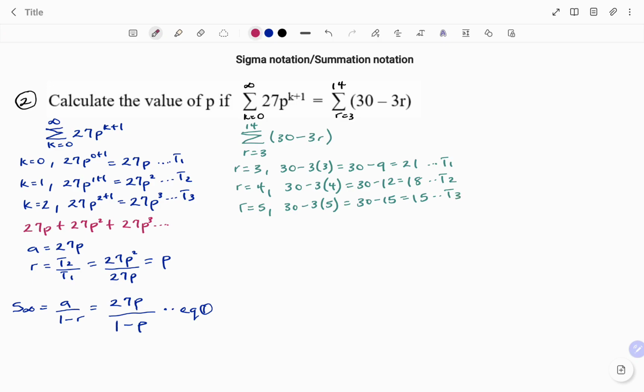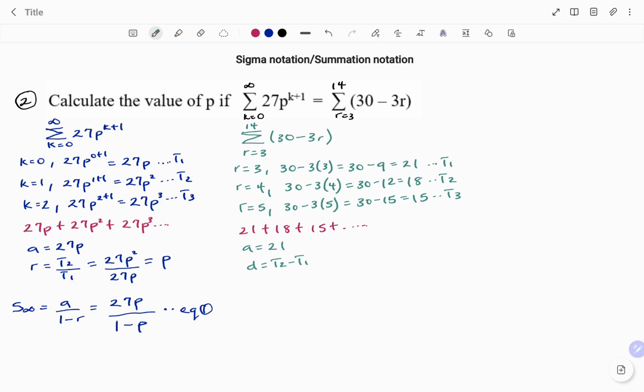So our number series will be the first term, 21, plus the second term, 18, plus 15, and so on. From here, we know that our first term is equal to 21. A common difference, d, will be t2 minus t1.